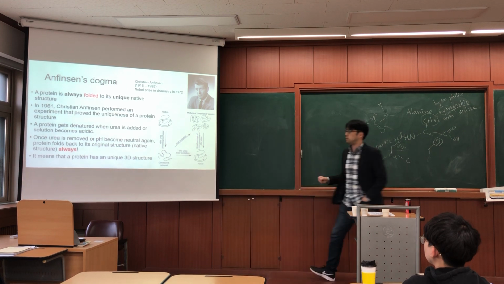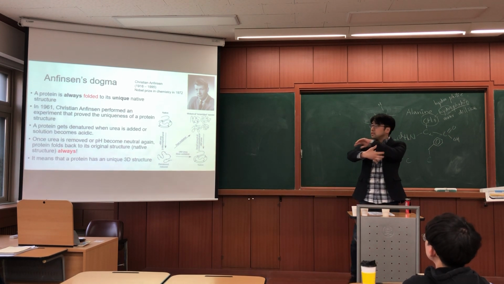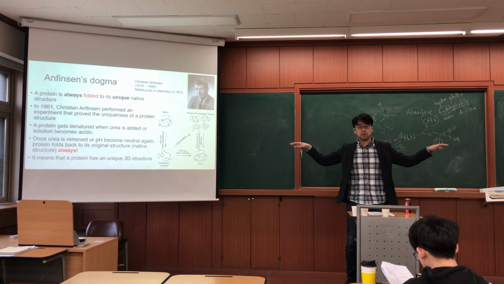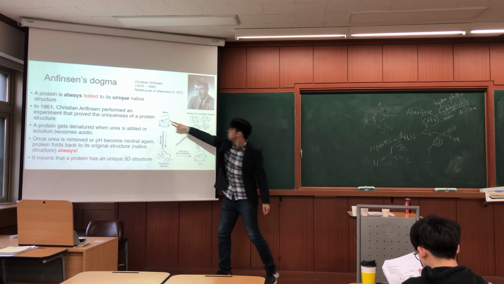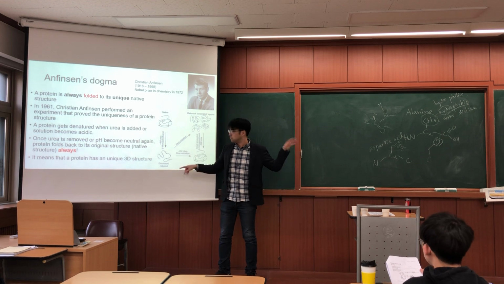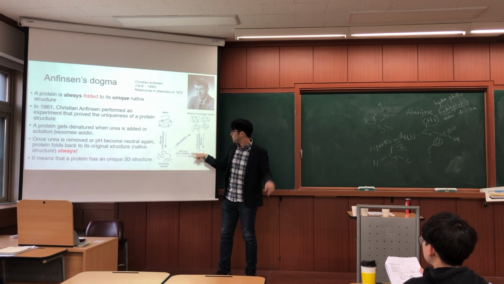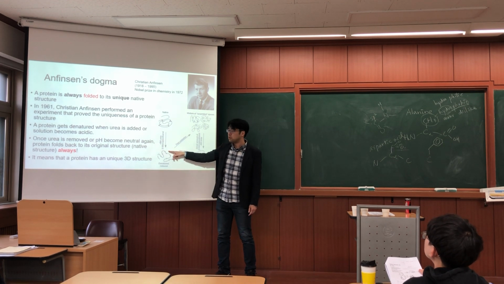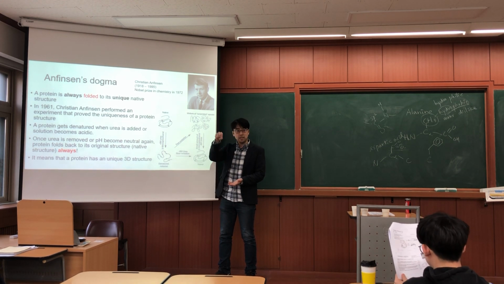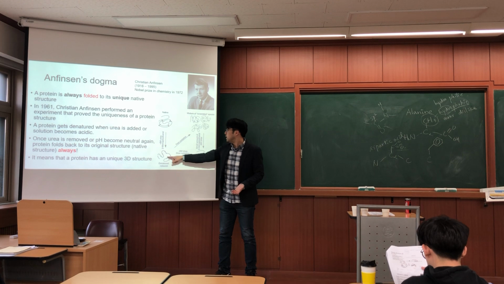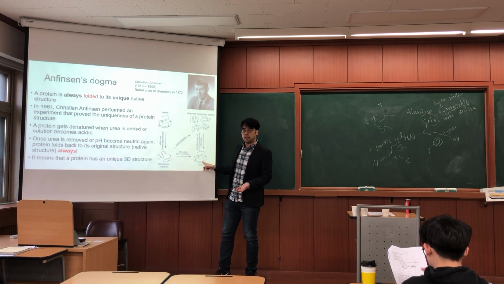Denatured means the tightly folded structures become unfolded, so the whole chain becomes like spaghetti. But if you remove the urea or make the solution neutral again by adding some base, then it becomes folded again.